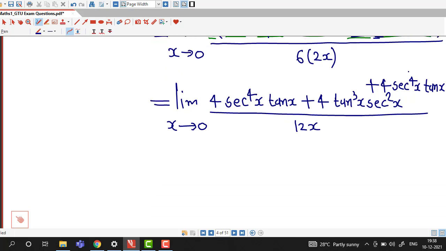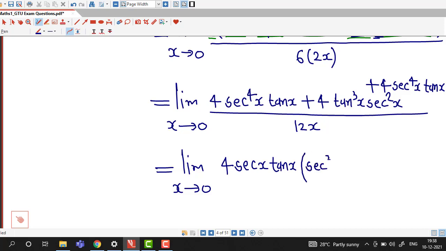So in all these terms we can see we have sec x into tan x as common quantity, and that we can take outside this. So limit x tending to 0, if we take sec into tan common, and we can take 4 also common, 4 into sec into tan.